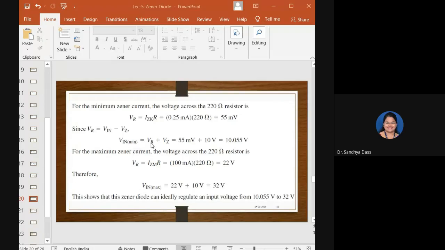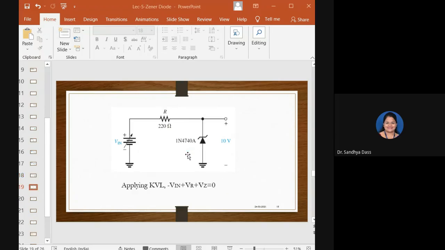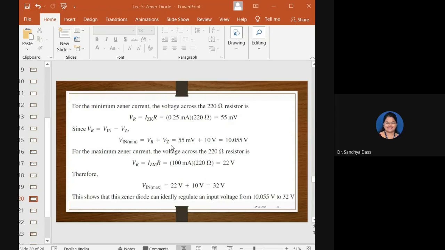Okay. So it can be given as VR plus Vz. Please be with me, copy the things and understand parallelly. Okay, so VR just now we calculated, it is 55 millivolts plus Vz is already given, it is 10 volts. It is already given there across Zener diode 10 volts. That is our Vz. So this is the value 10.055 volts.